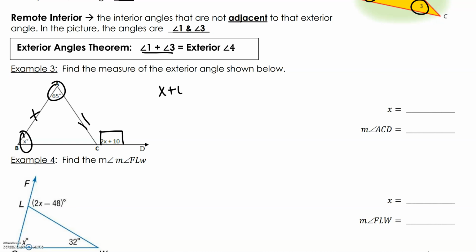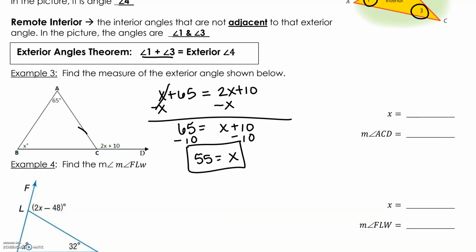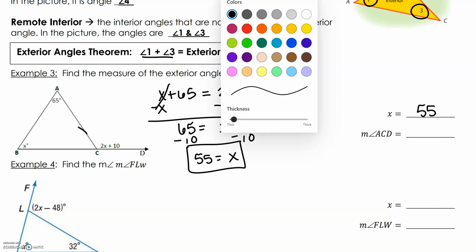So x plus 65 equals 2x plus 10. And then I'm going to solve. There's no combining, so I'm just going to go ahead and subtract the x and subtract the 10. And I've got x, but I want to find the measure of ACD.